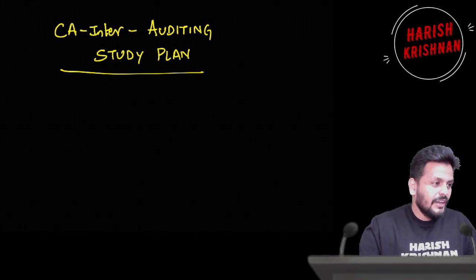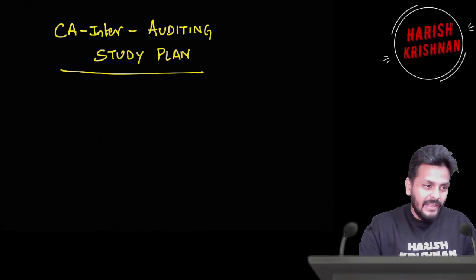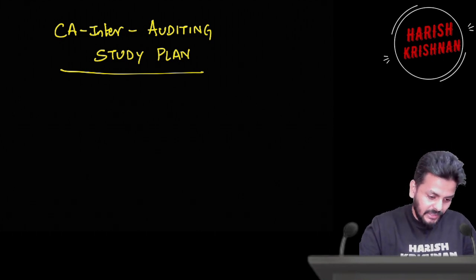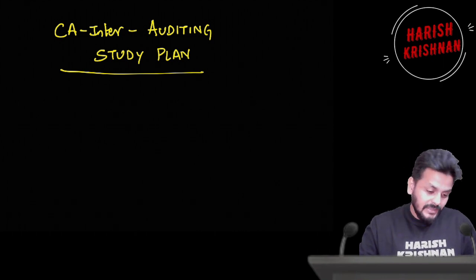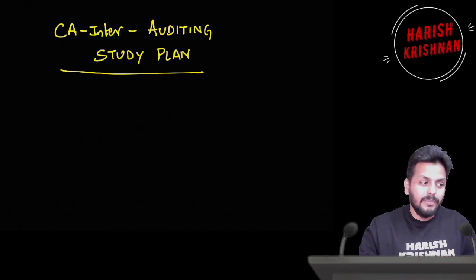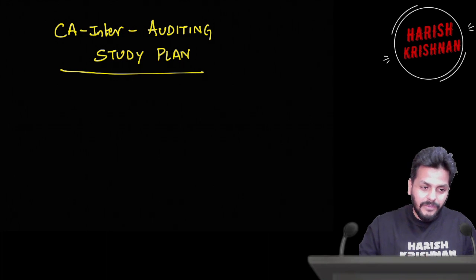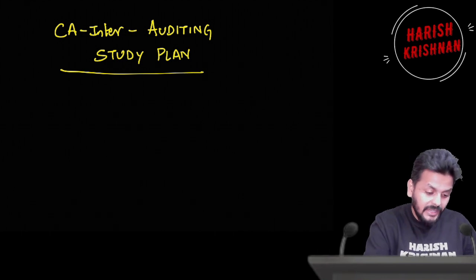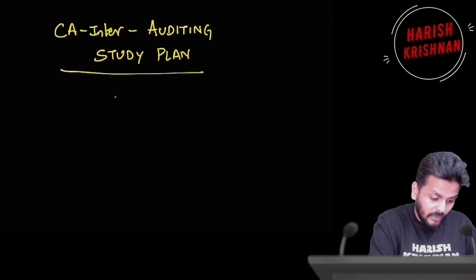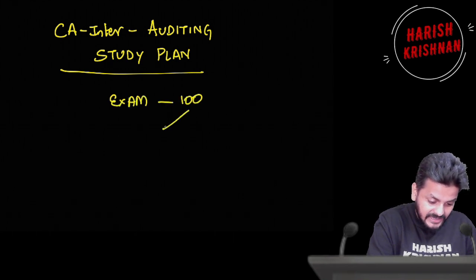Now, when it comes to audit, as you know, there is a 70-30 split, so you have to be very careful to understand one point that I always tell: the question paper that you have to write is for 70 marks, but the overall number of questions coming will be for a total of 90 marks. So first thing to understand, as part of the exam for 100 marks, you have a 70-30 split.